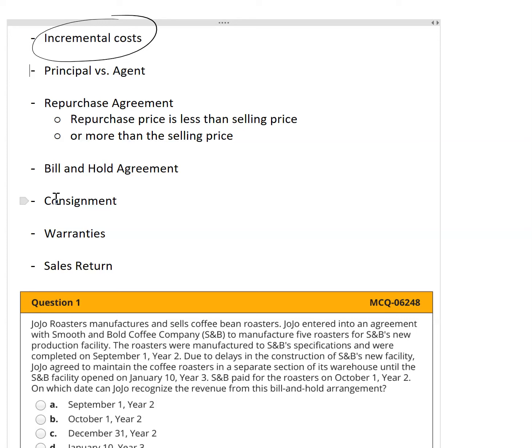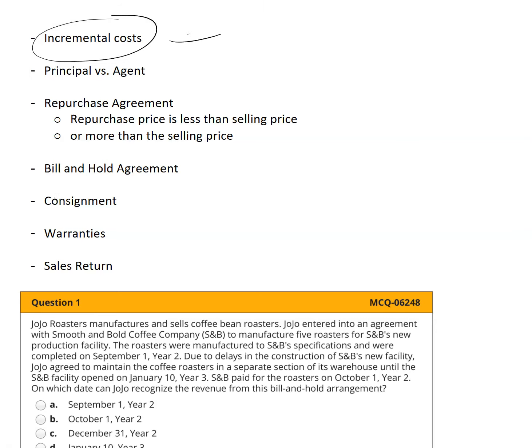You only record any cost related to the contract as an asset if it's directly related to the contract, because otherwise you would not have to spend that money, and it enhances your resources, and you expect that the cost will be recovered maybe in the short run or long run. That's the new thing you will see in the CPA book.